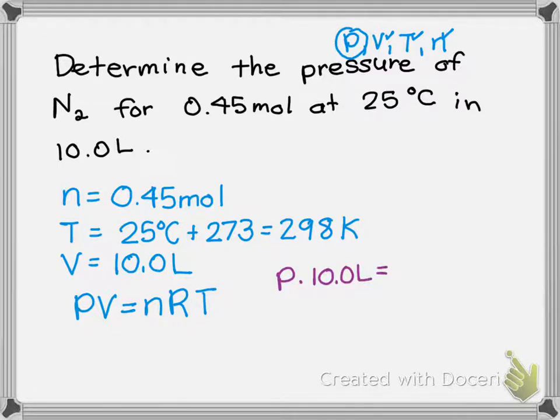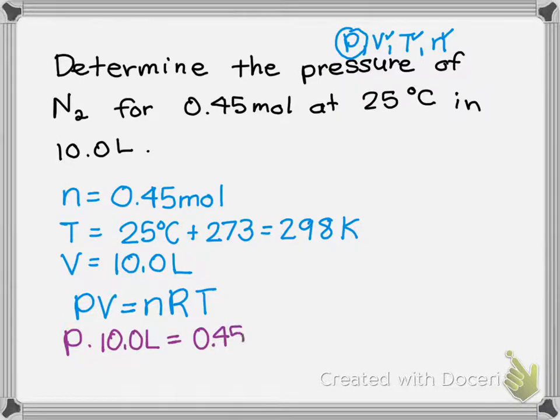Then that's going to equal our amount, 0.45 moles, times R, which is 0.0821 liters times atmospheres over moles times Kelvin, times the temperature, 298 Kelvin.